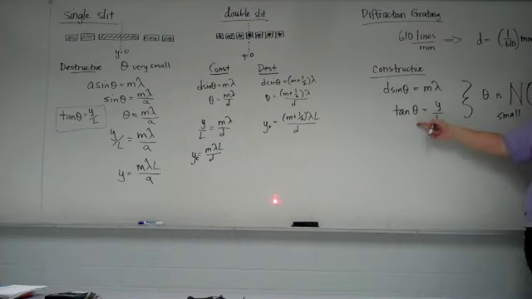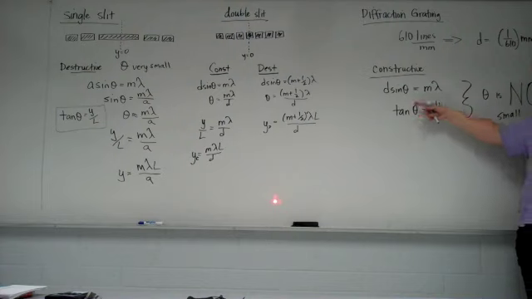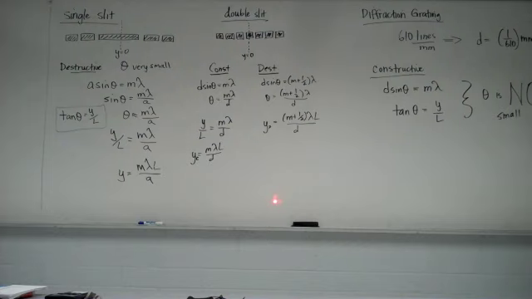We can't say sine of theta is the same as tangent of theta. We cannot substitute y over L in for sine of theta. That won't work. You have to keep tangent and sine in the equations. So if you know y and L, inverse tangent, find theta, come back here, take the sine, and so forth. We just can't make the substitution that sine of theta and tangent of theta are the same.